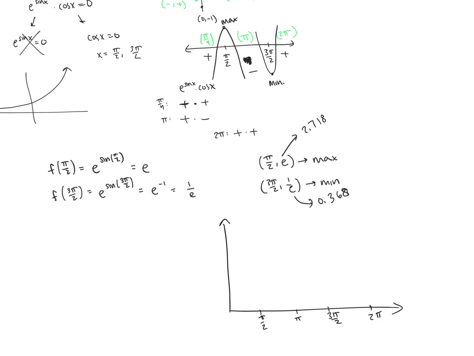Let's say 2. Oops. No. 1, 2, 3. Okay, so we have pi halves, e, and then we have 3 pi halves, 1 over e. And so it's going to go increasing, decrease, and then increase.